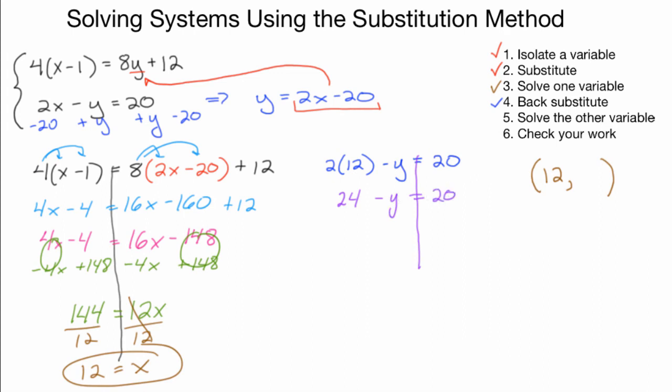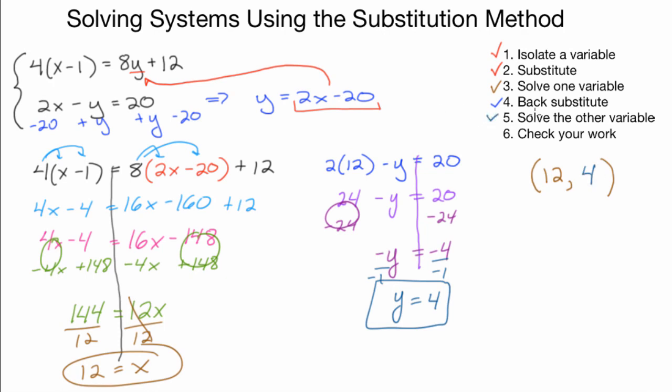Let's subtract 24 from both sides. 24 goes to 0, so we get negative y equals 20 minus 24, which is negative 4. Dividing both sides by negative 1, y should equal positive 4. So if x is 12, then y is 4, and we solved for the other variable.